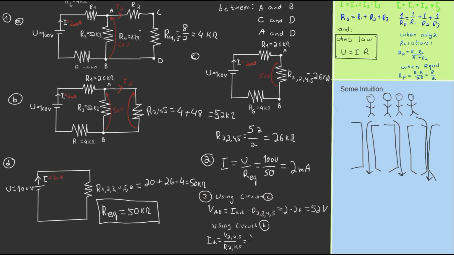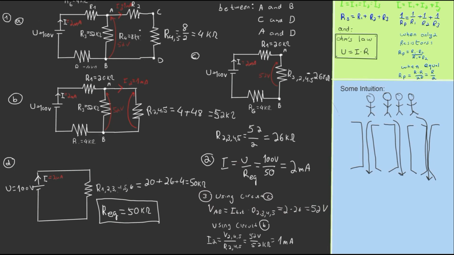That's 52 volts divided by 52 kilo ohms. That gives us 1 milliamp. And remember our rule: whenever we get new data, we deploy it throughout our circuits. So we now know that I2 equals 1 milliamp, and this would help us.